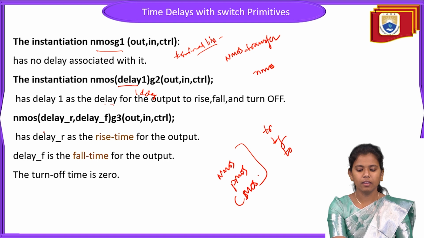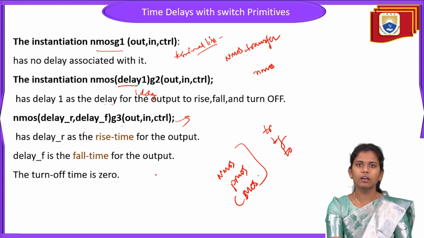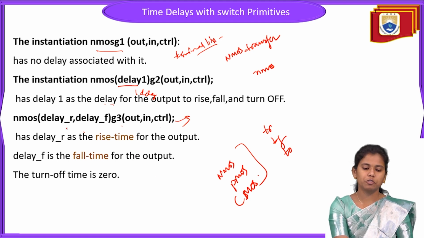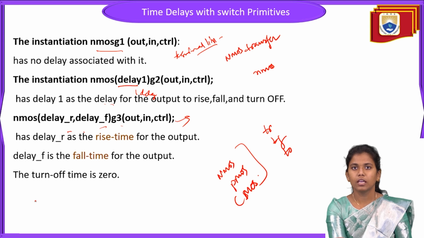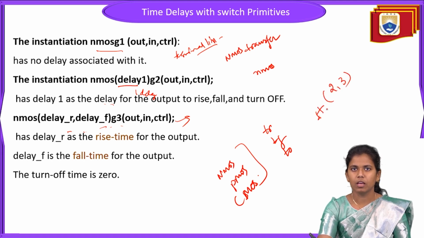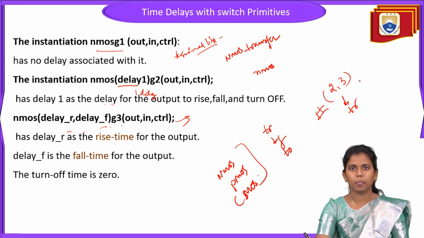Okay, and then NMOS with delay R and delay F, and then the terminal list. So here if you observe, we are specifying particularly delay R and delay F. That means this is a two delay representation. So one delay, as we said, two delays means 2 delays we have. One is rise time and the second one is fall time.